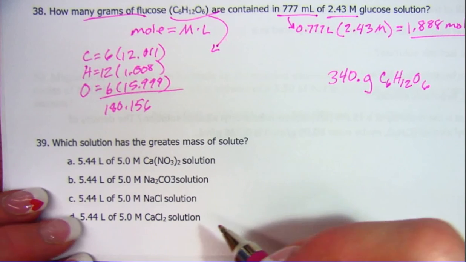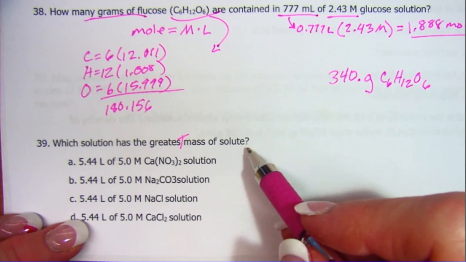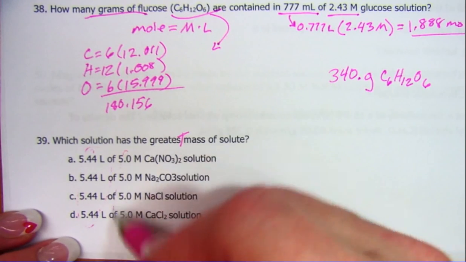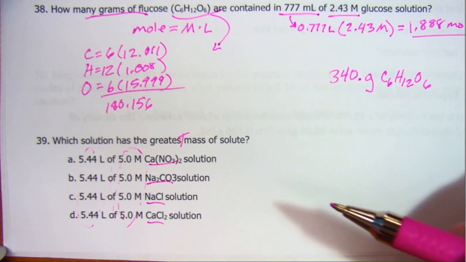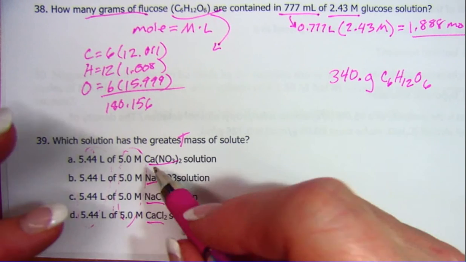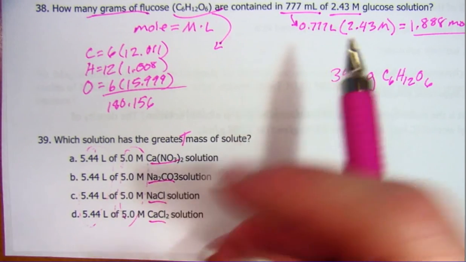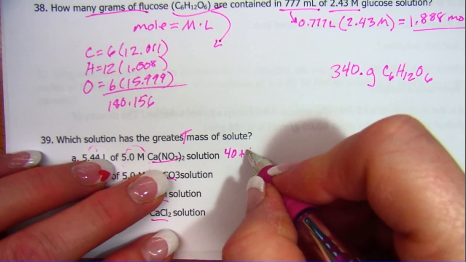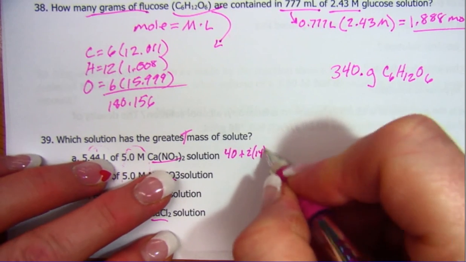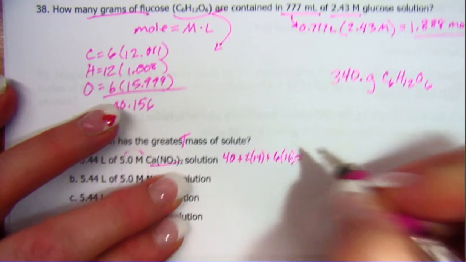Which solute has the greatest, sorry about the T, mass of solid? So these are the same, so it has to be with this. I'm looking for the greatest mass. This one you can do really fast. So calcium is about 40, so we have 40 plus nitrogen, we have 2 of them, so 2 times 14 plus 6 times 16, get an answer.